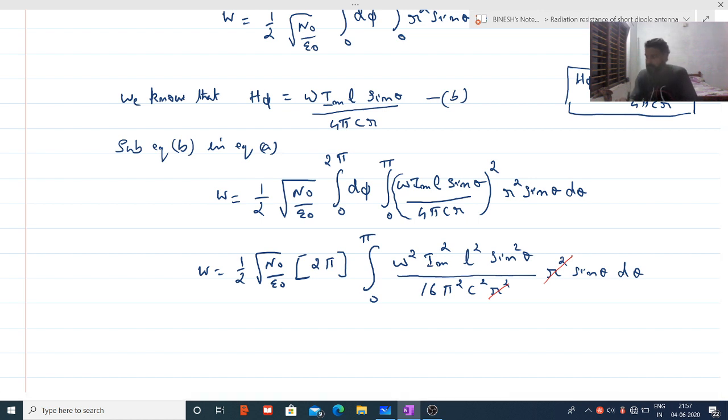So you will have omega square Im square L square by 16 pi square C square, with the 1 by 2 root of mu naught by epsilon naught and 2 pi. Okay, that is correct.